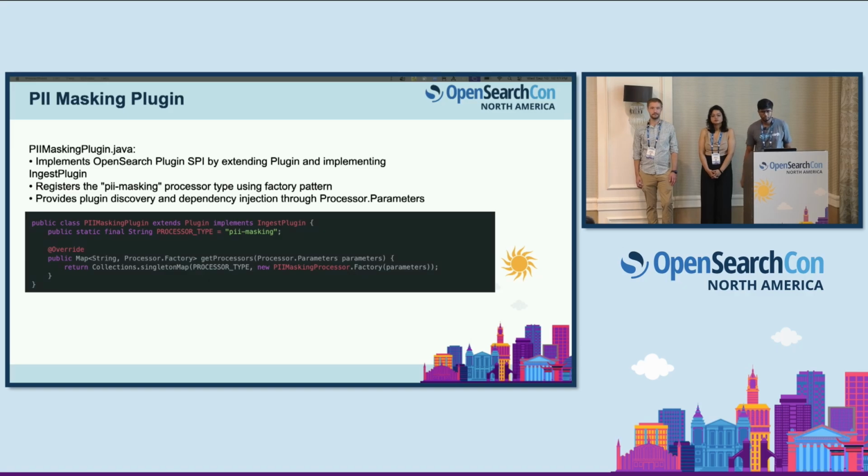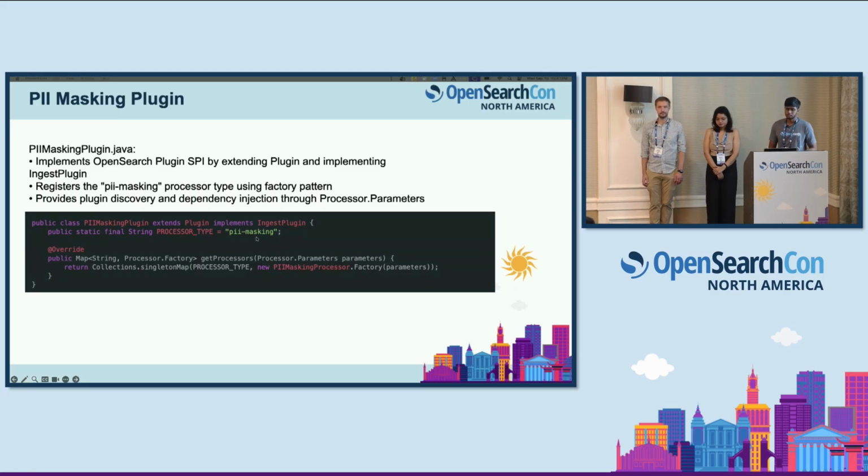So firstly, we have the masking plugin class. This is the main plugin entry point. It basically registers the PII masking processor with the OpenSearch plugin system. As you can see, it extends the plugin class, and it implements an ingest plugin, which is what we need.